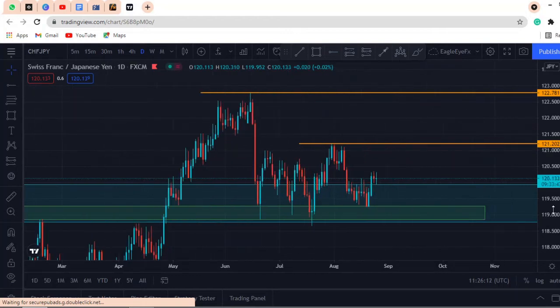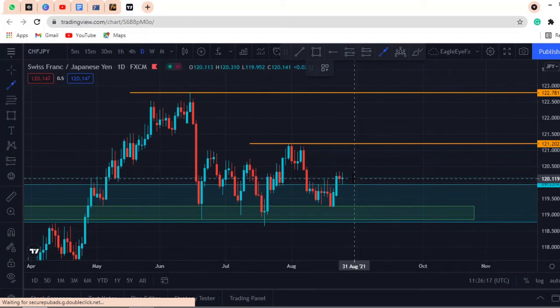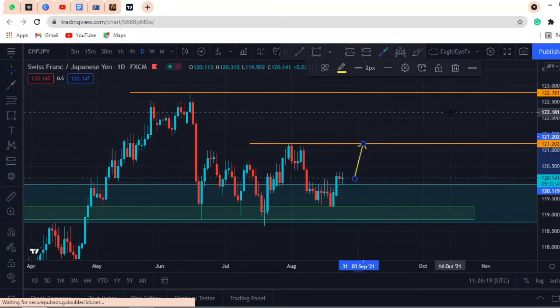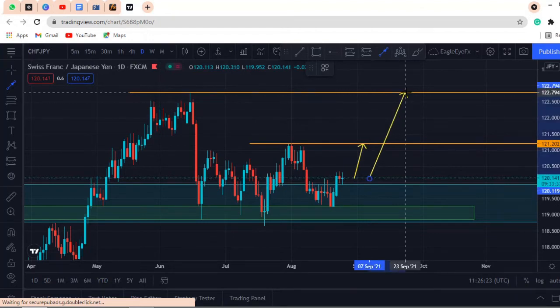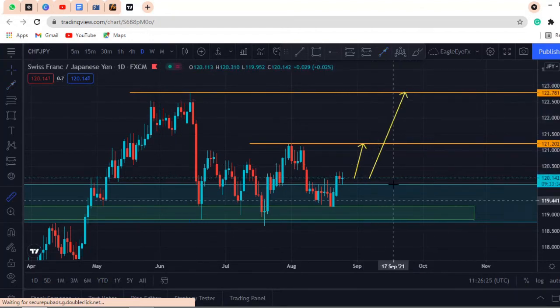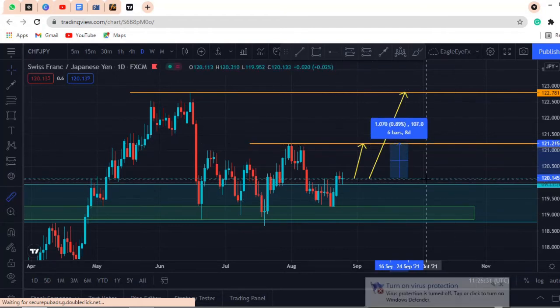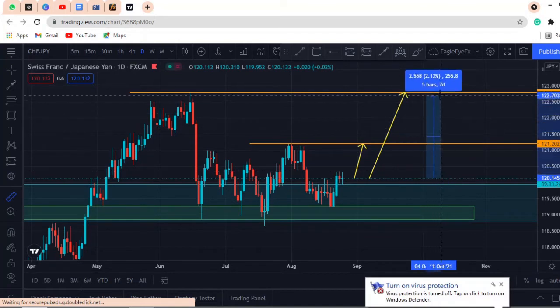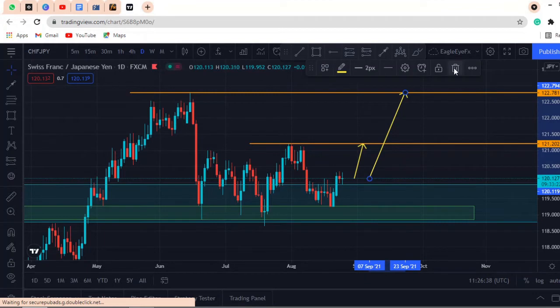Okay, so from the daily time frame, you can see that there is an opportunity to buy up to this point or to buy up to that point. Then how many pips are those? Almost like 107. And if you hold it long enough, then it's 258. Okay, fantastic.